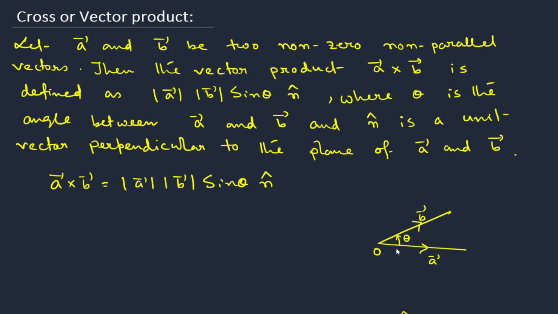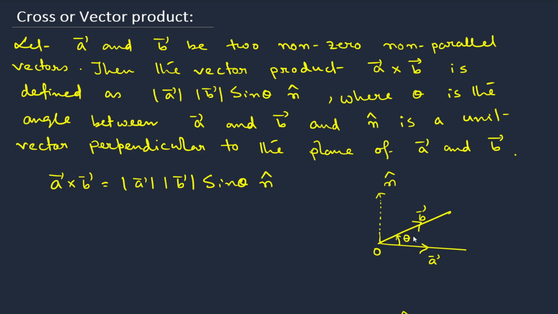We rotate like this, then the cap will open, meaning it will move upward. So n cap is the unit vector, the upward unit vector, which is perpendicular to both a bar and b bar.